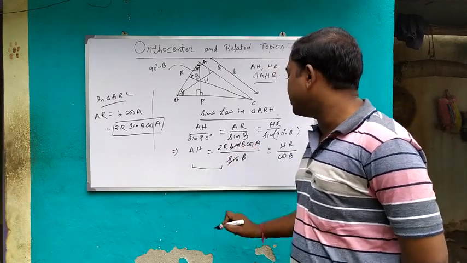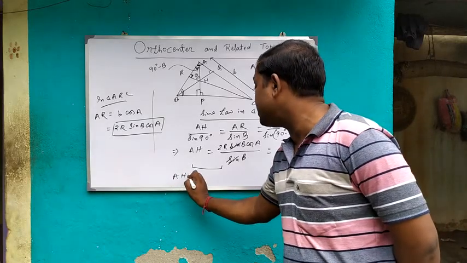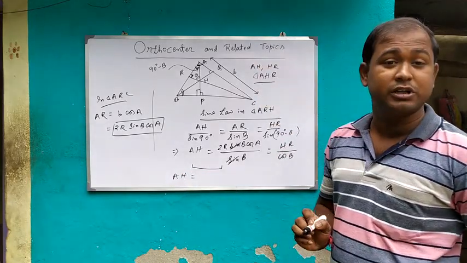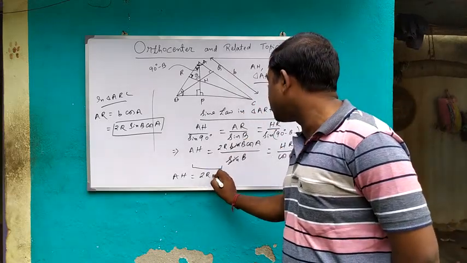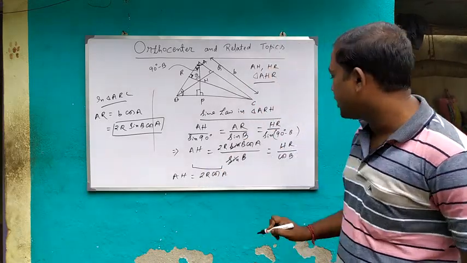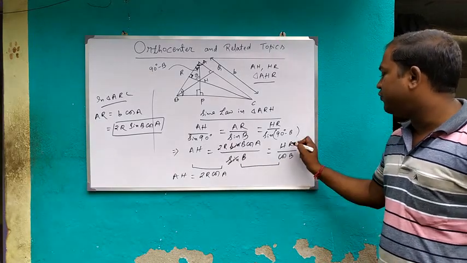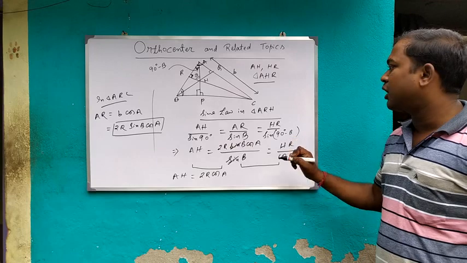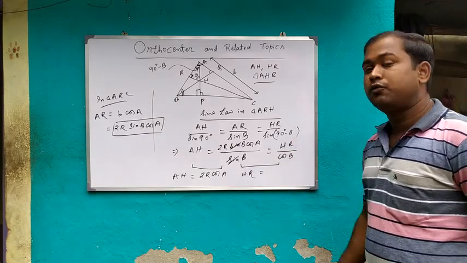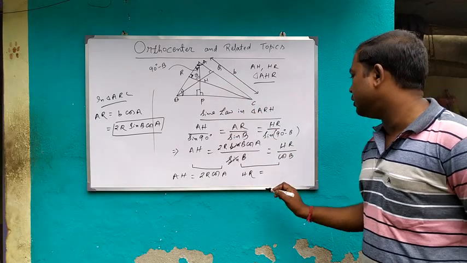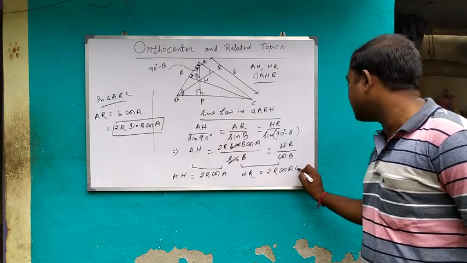Let's equate these two, and we can get AH, which is distance of orthocenter H from the vertex A, and AH is equal to 2R cos A. And now we can also equate these two things, and we can find what is HR. HR means the distance of orthocenter from the side AB, and that is equal to how much? 2R cos A cos B.